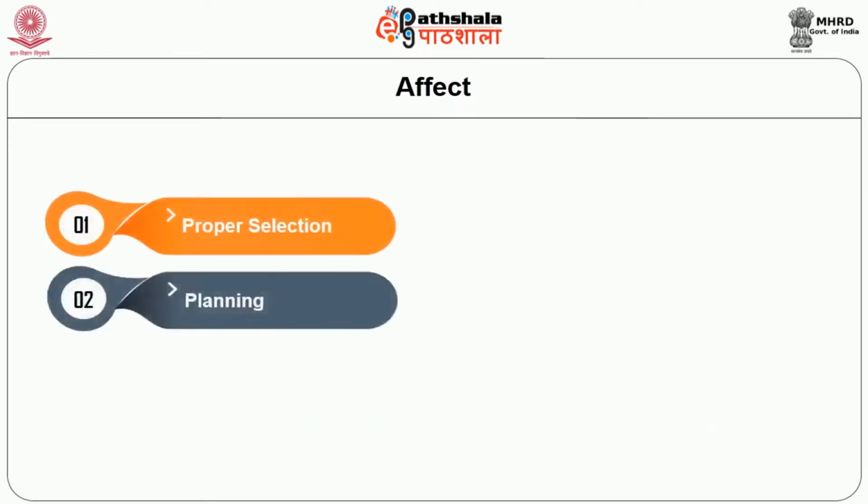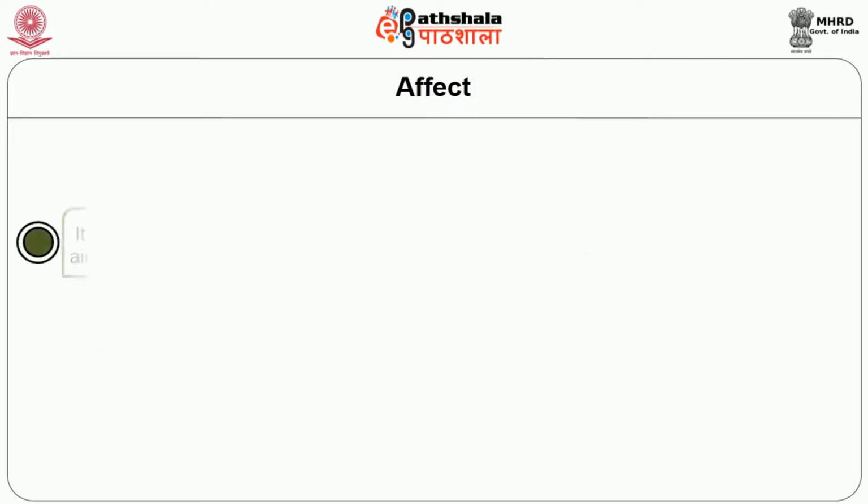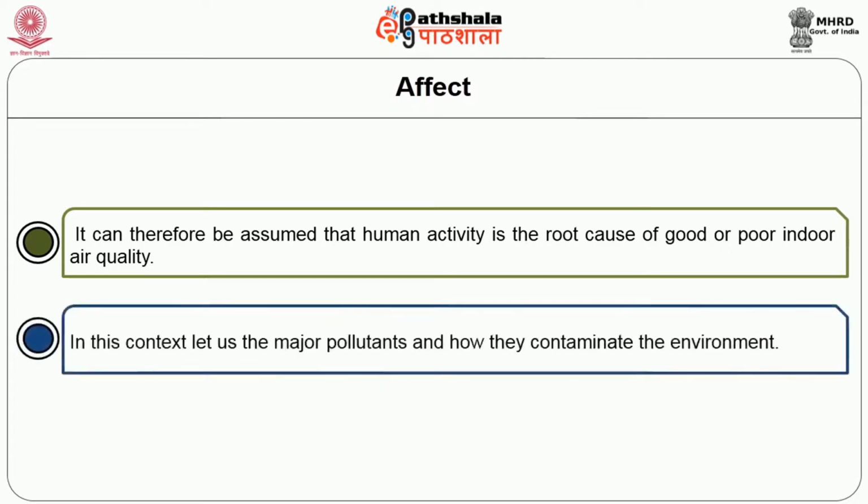Proper selection, planning, and execution of these aspects decide how the indoor environment can address indoor air quality and influence human health status. It can therefore be assumed that human activity is the root cause of good or poor indoor air quality. In this context, let us see the major pollutants and how they contaminate the environment.